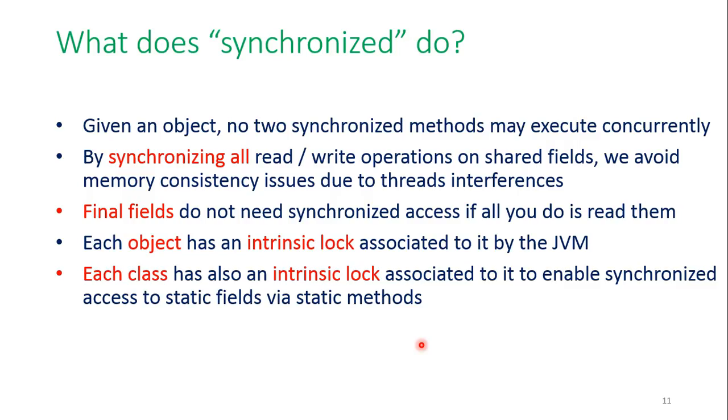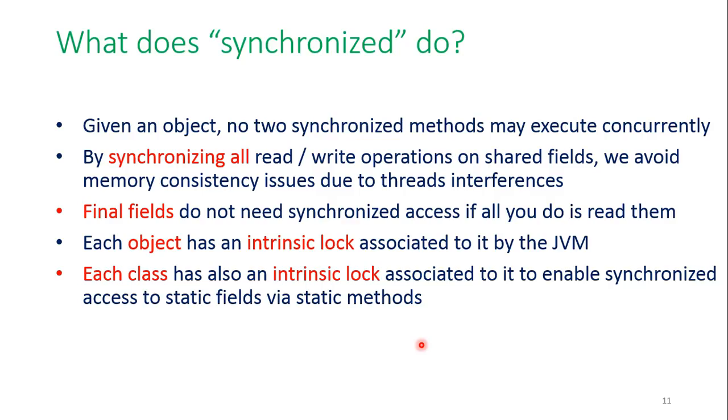So if you are simply talking about having static fields in a class, and you want several concurrent threads to access those static fields, well, you can have static methods that are marked synchronized to mitigate the possibility for thread interference.